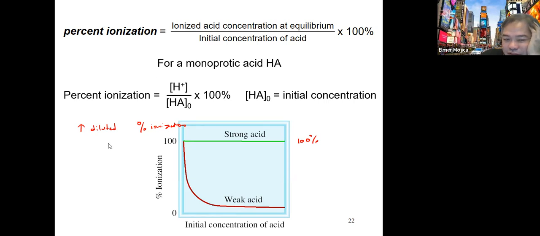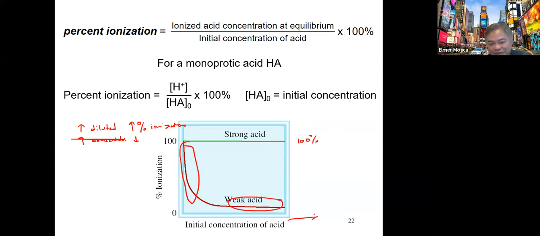So, the more diluted your sample, where is that on this graph? Where is the more diluted here? Look at the concentration there. The more diluted your sample, the higher the percent ionization. The more concentrated it is, the less ionization. This is the more concentrated, going up here. Analyze to convince yourself.